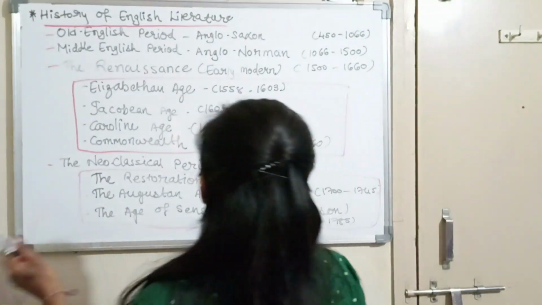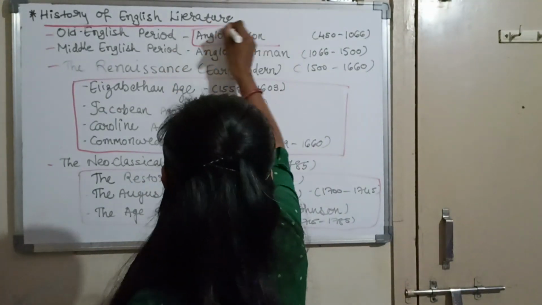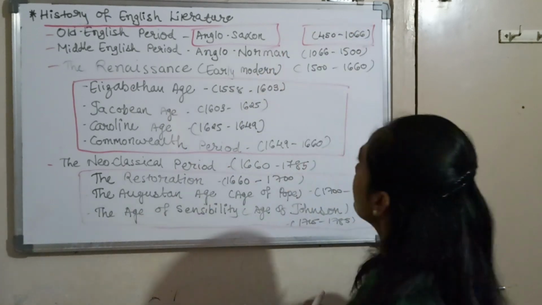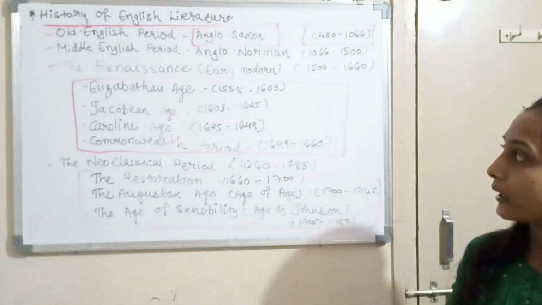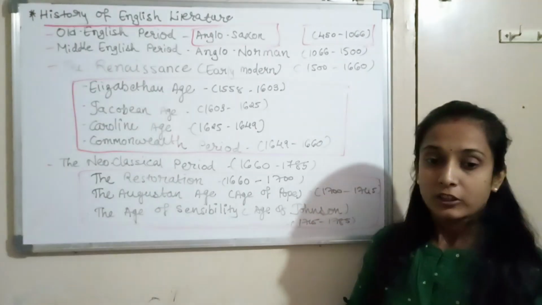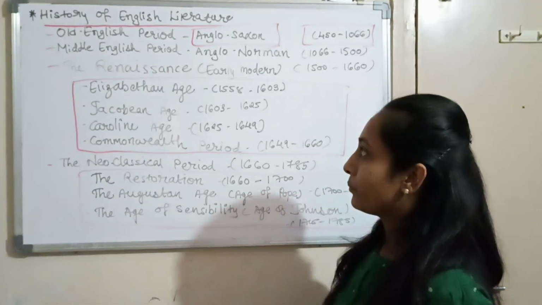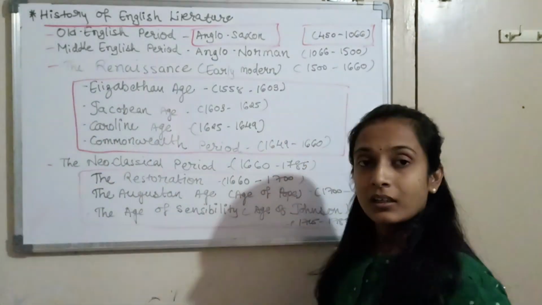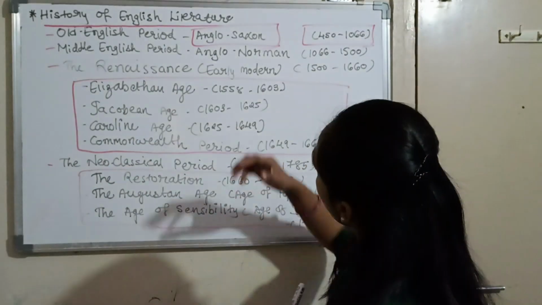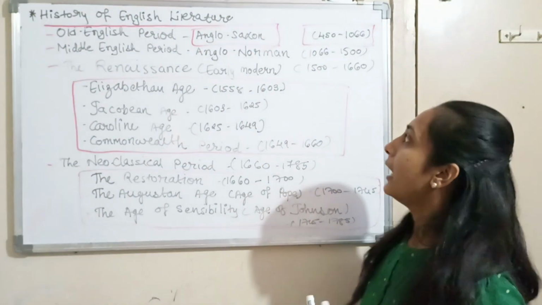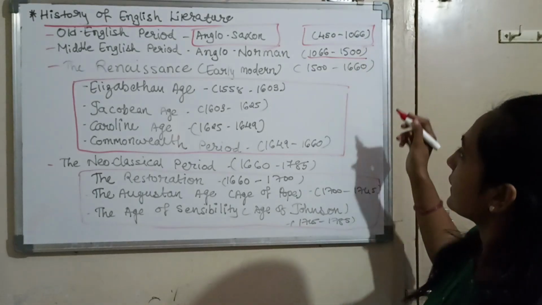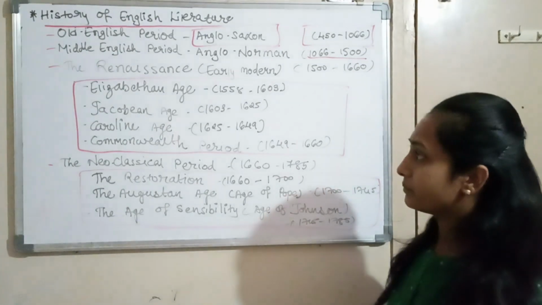So first of all we have the Old English period, which is also known as the Anglo-Saxon period, which began from 450 and ended in 1066. So that was the Old English period. And then we have the Middle English period, that is called the Anglo-Norman period, and that was from 1066 to 1500.